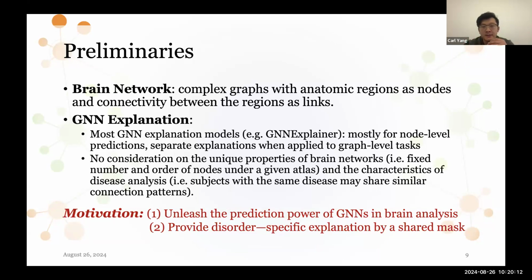We want to build an explainable graph neural network, and the existing graph neural networks usually are used for node-level predictions, and they also don't consider some unique properties of brain networks. So in this work, we want to leverage the prediction power of GNNs, and at the same time make use of the unique properties of brain networks to make the interpretations more useful.